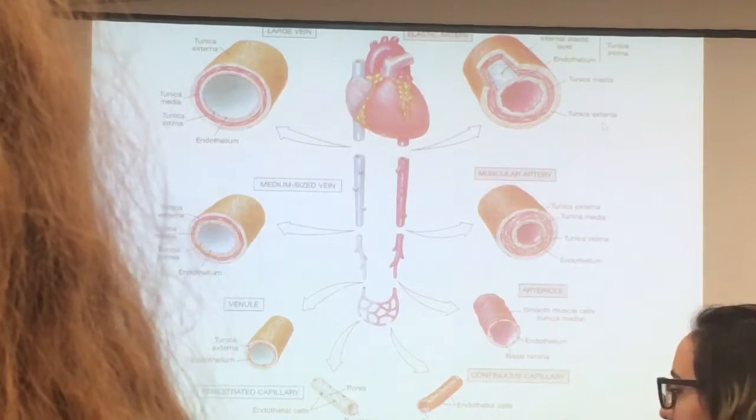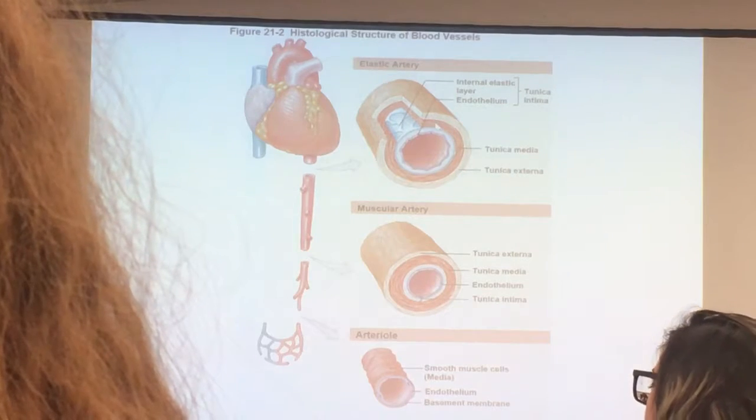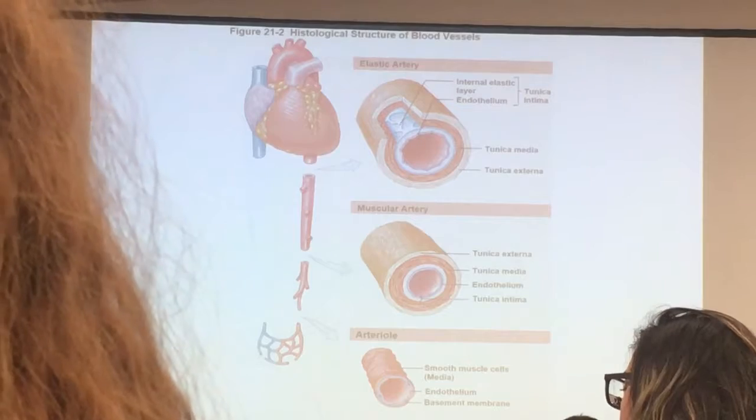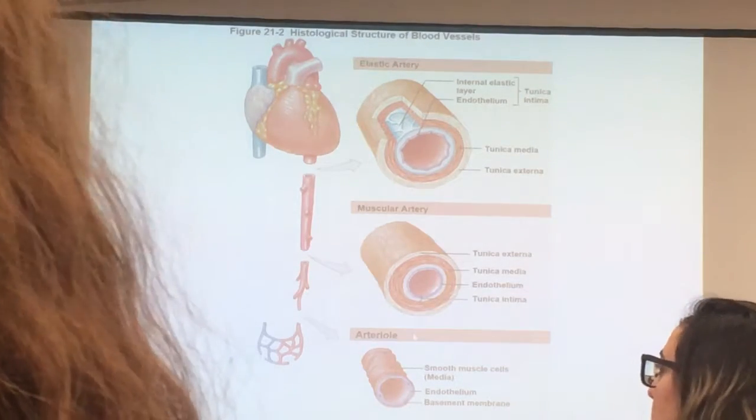And this one I showed you before. This one is similar to that one. All these three tunicas, maybe you cannot see them in a small one, but you can see them in the medium size.